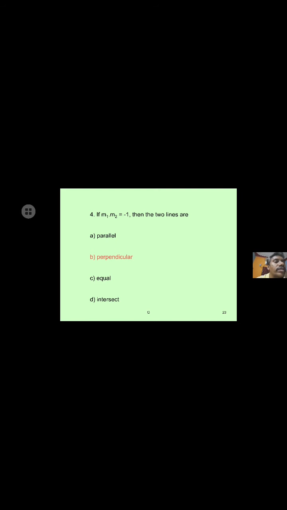And if you want to write the second line equation, which is perpendicular to equation 1, that is 3x plus 4y plus 8 equals to 0, to form the second equation we take the coefficient of y in equation 1, that is 4.